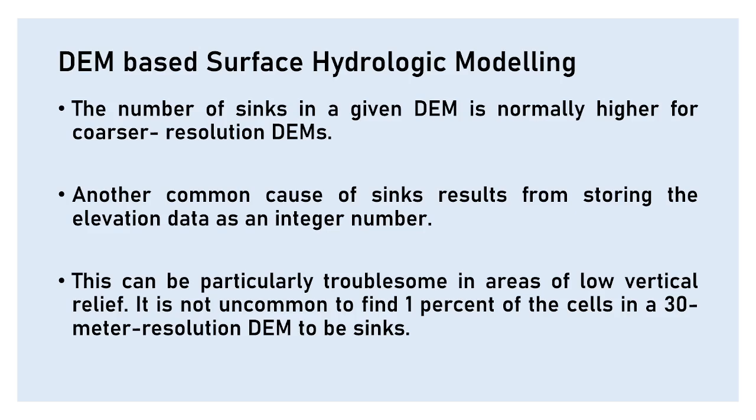When you store it as just an integer number, low vertical relief areas will not actually be considered as relief, but rather they will be considered as a sink. That is one of the reasons why in a 30-meter resolution digital elevation model we find at least 1% of the cells as sinks, because that's a bit coarser resolution.